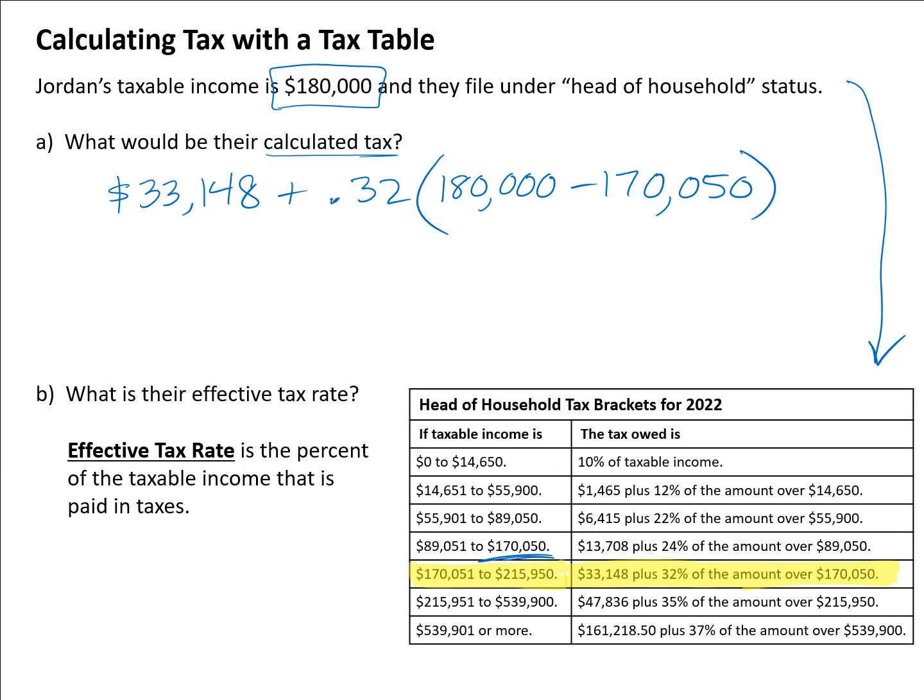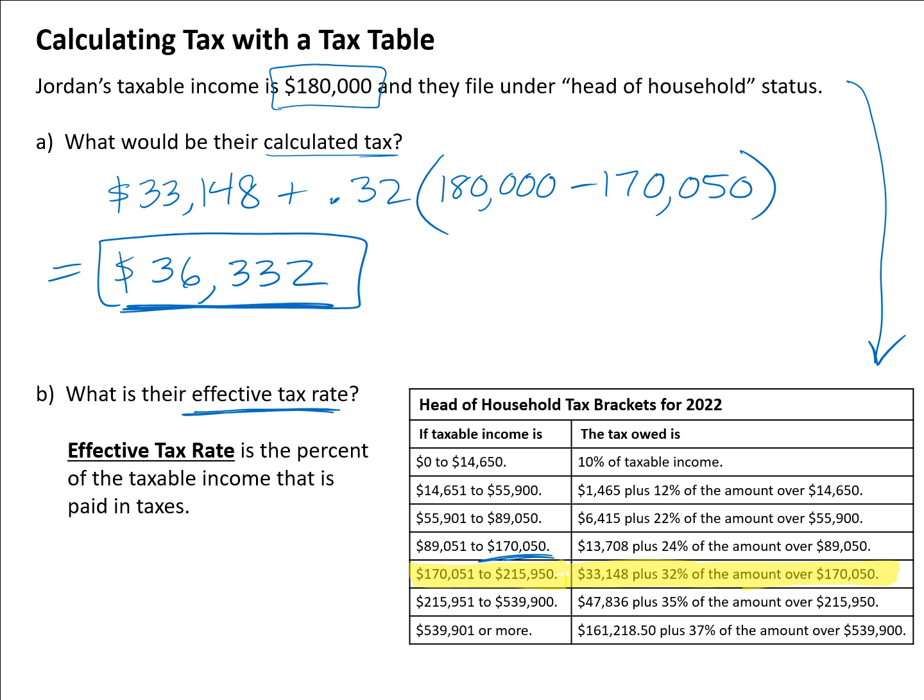All right, so let's throw this entire calculation into the calculator. Instead of doing it piecemeal this time, let's just work out the whole thing. And we get $36,332 in tax. That's what Jordan's tax would be, $36,332.